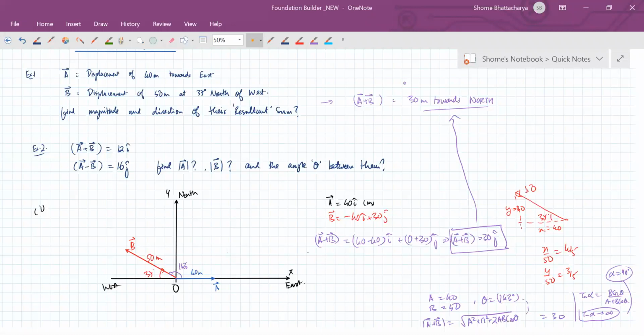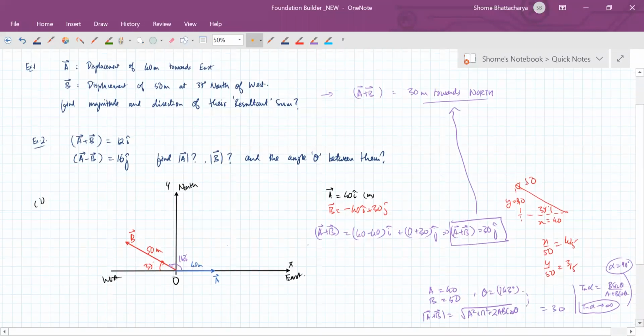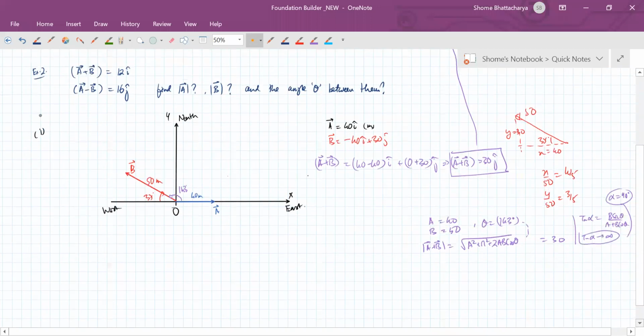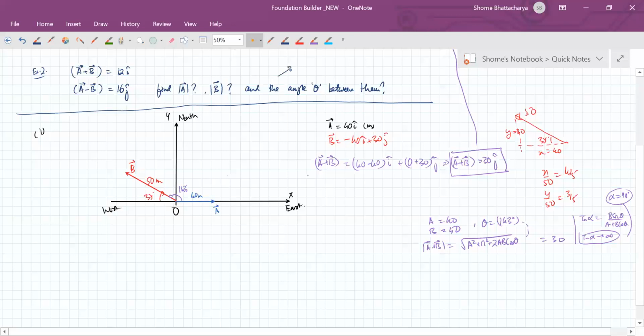Okay, so I hope this is clear to all of you. Now let's move on to the second question. You can complete writing down the first question. Now second question, you should be getting mod of A. Answer should be that you should be getting mod of A equal to mod of B equal to 10.